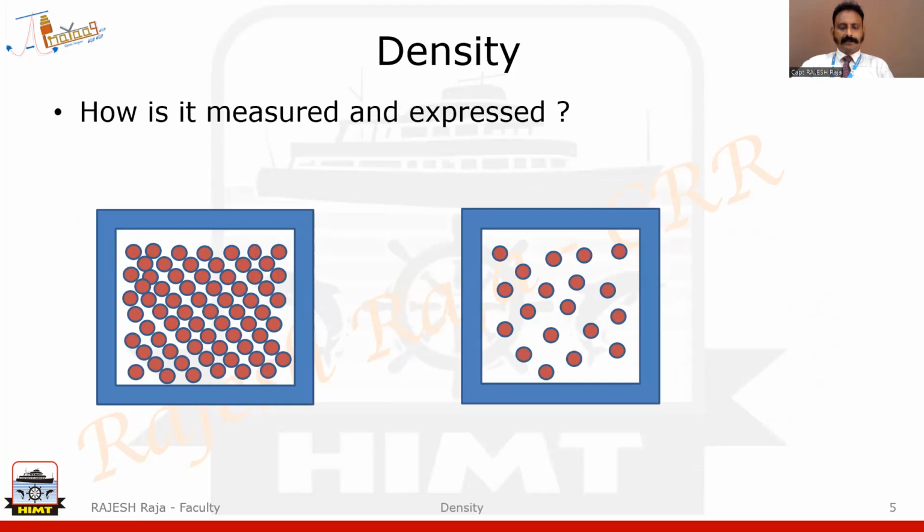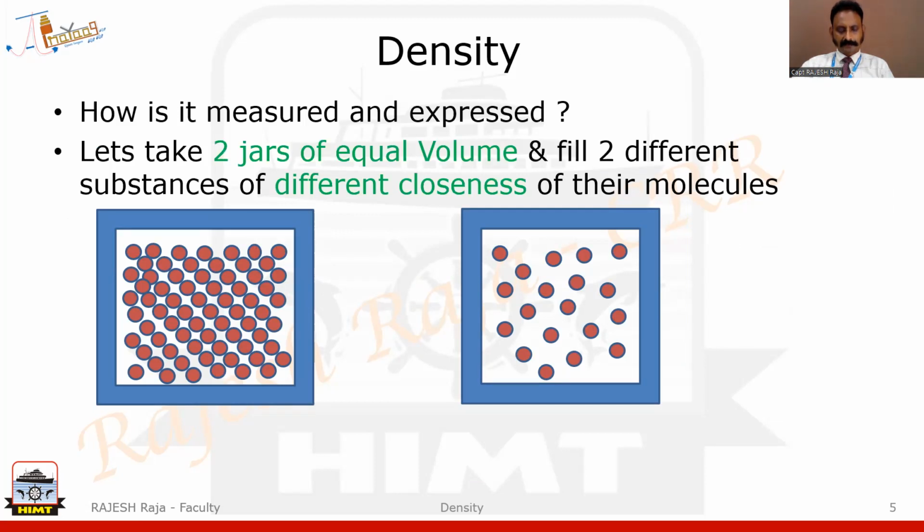So how can you measure it? I can measure it by a simple experiment shown here. I will take two jars or two containers of equal volume, and I'll fill two different liquids, let us say up to full, both of them. You can see the molecules are placed differently.